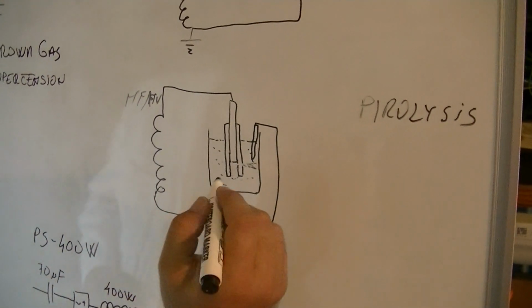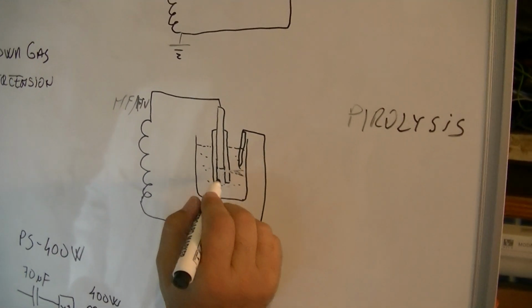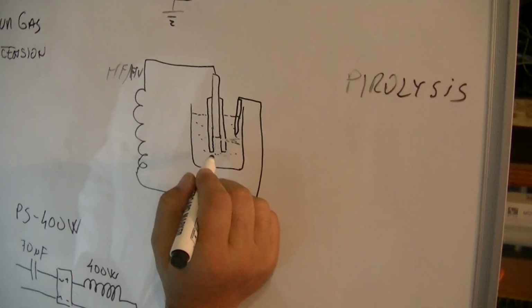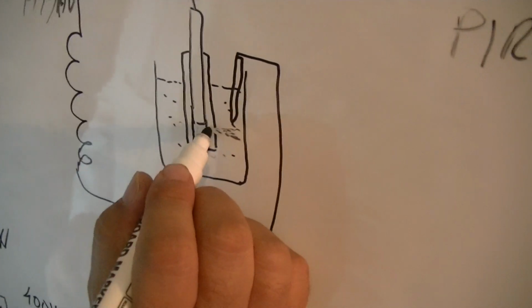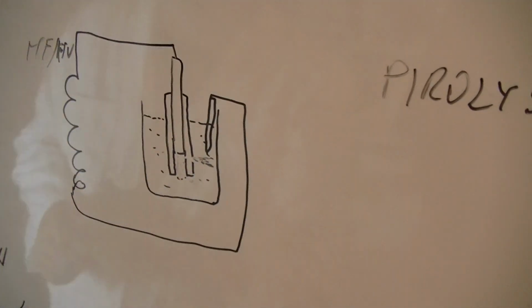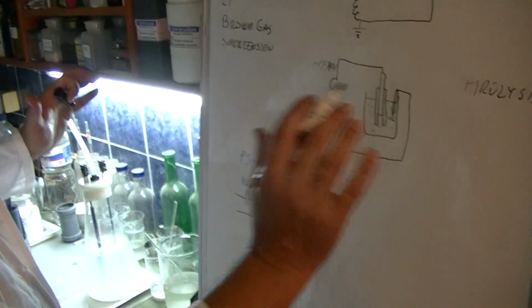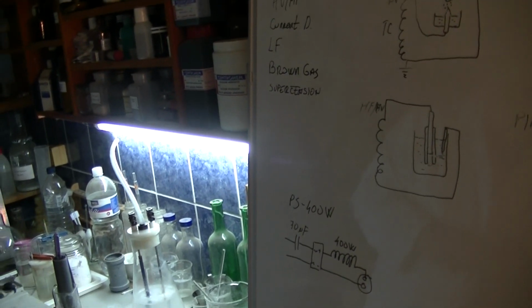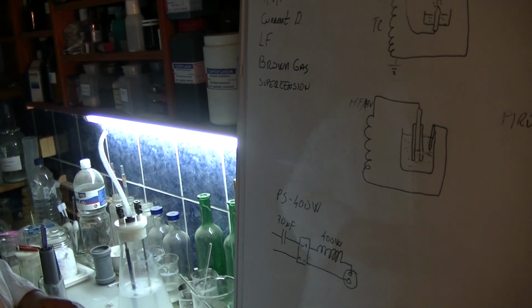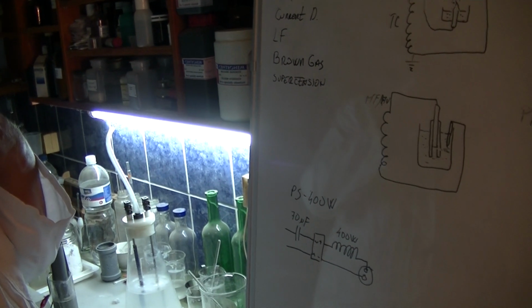So when the gap was too long and the current too low, it produced some small path and these bubbles, which are flammable, which means that they contain hydrogen.